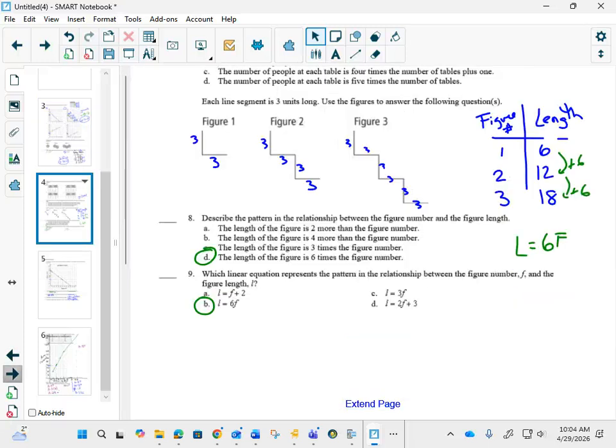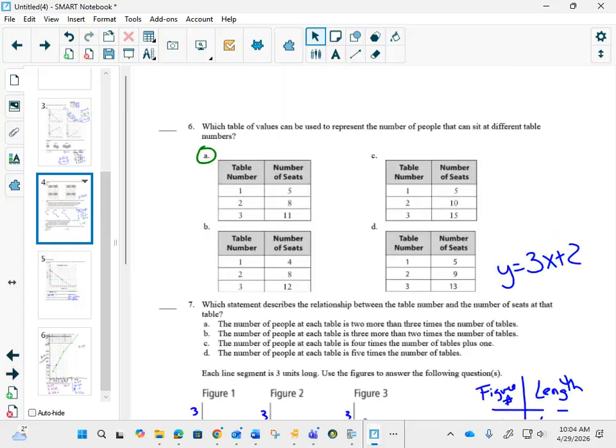In the next question, it asks for the table of values, which we already did in the previous one, so this was easy. We already got the equation, 3x plus 2. And we had to remember that x was the tables, and y was the seats, or the amount of people that you could have. So what do we have?